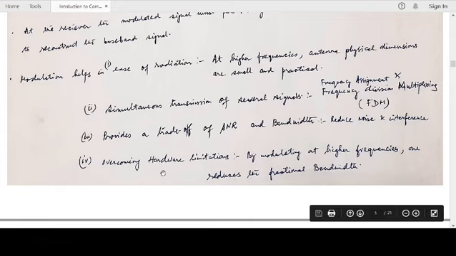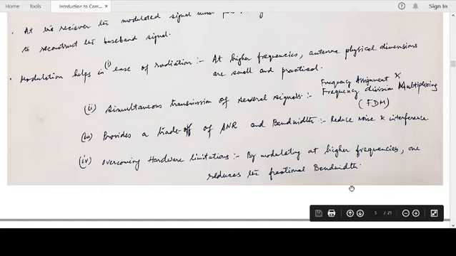And the very important reason why we do modulation is overcoming hardware limitations. By modulating at higher frequency, one reduces the fractional bandwidth. If the bandwidth of a signal is B and we use the carrier frequency FC, the fractional bandwidth is defined as B by FC. The bandwidth contains the information content, so I cannot change that.